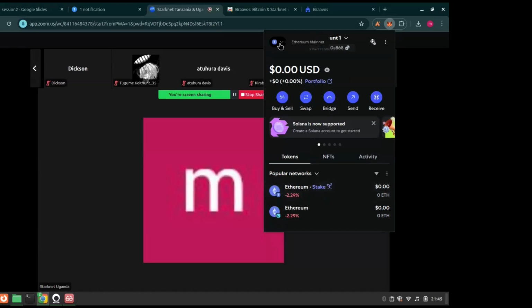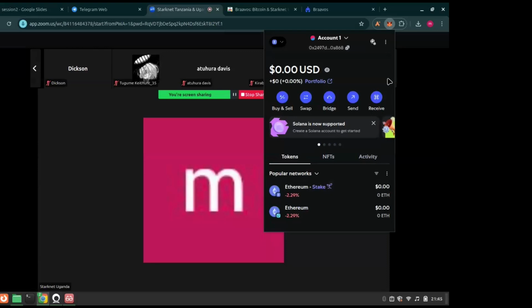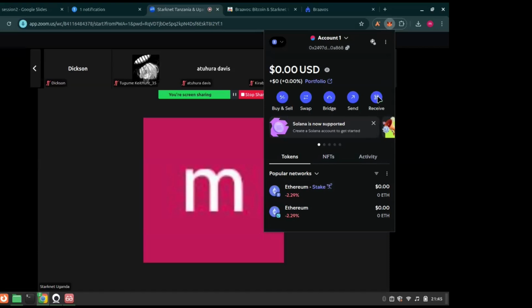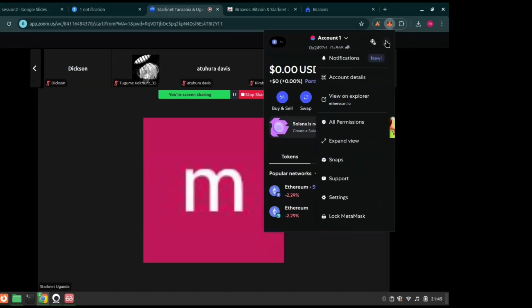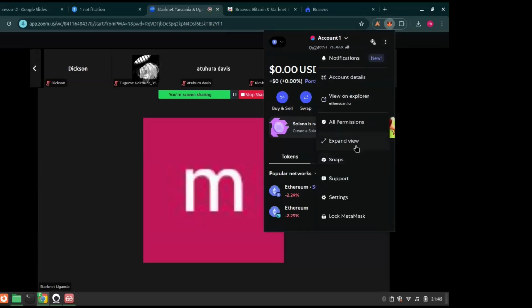So I want you to study this wallet. When you compare it to the Braavos wallet, I'm going to point out some features which are lacking on this wallet compared to the Braavos wallet.